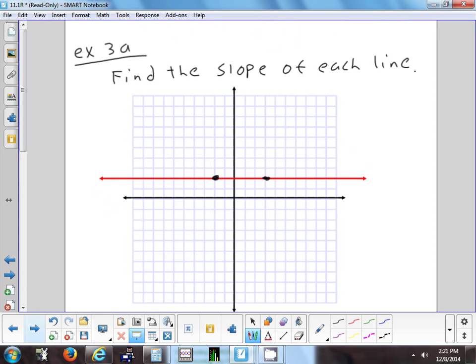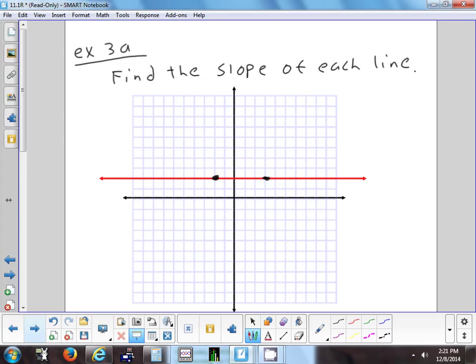Okay, so let's move on to our last 2 special cases. This time, the diagram, guys, stop talking. This time the diagram, they've already drawn the points for us. So we're not going to need the formula.